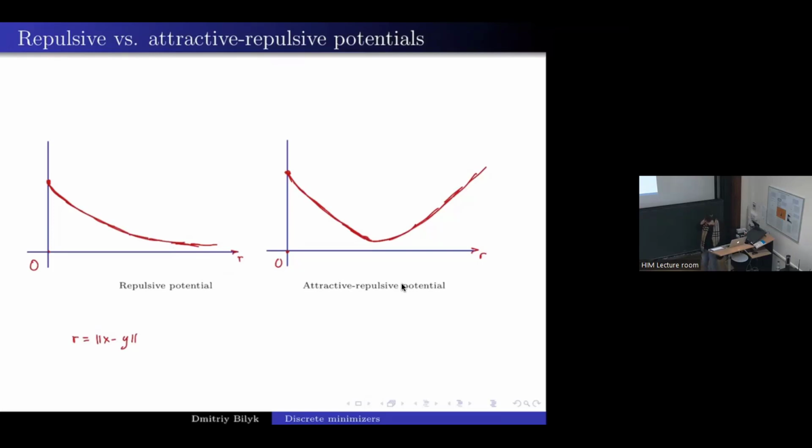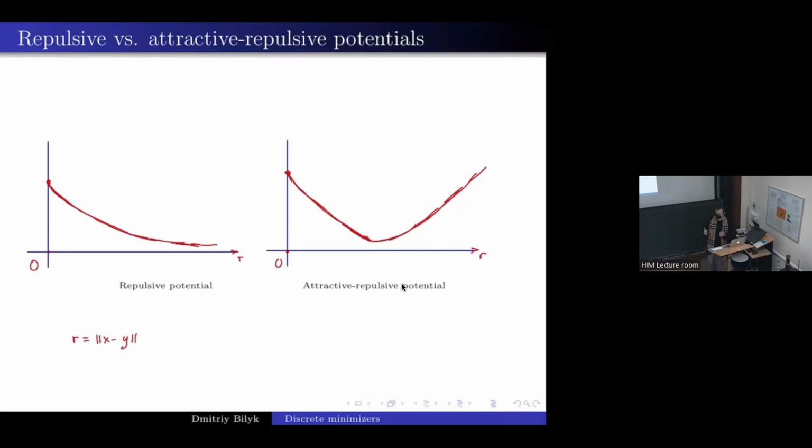Attractive-repulsive kernels appear quite often in various fields in physics. Also, they appear quite naturally in things related to population studies. For example, it makes sense that individuals in a population don't want to be too close because they need their personal space, yet they don't want to be too far away from each other because they want to share resources.